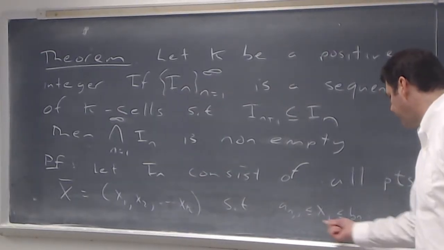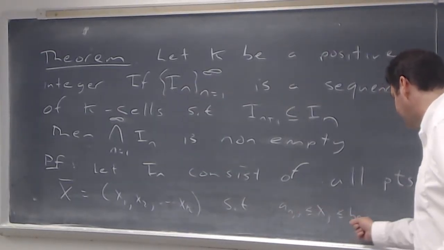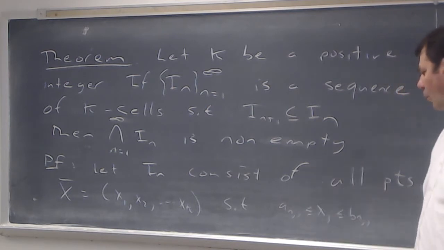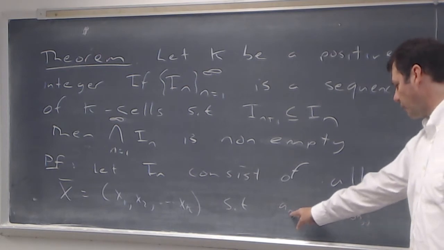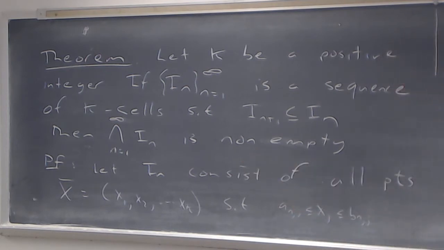So these are the a sub j's and the b sub j's that are the endpoints for that particular coordinate. I wrote down n because it corresponds to I sub n. We have n running from 1 to infinity.